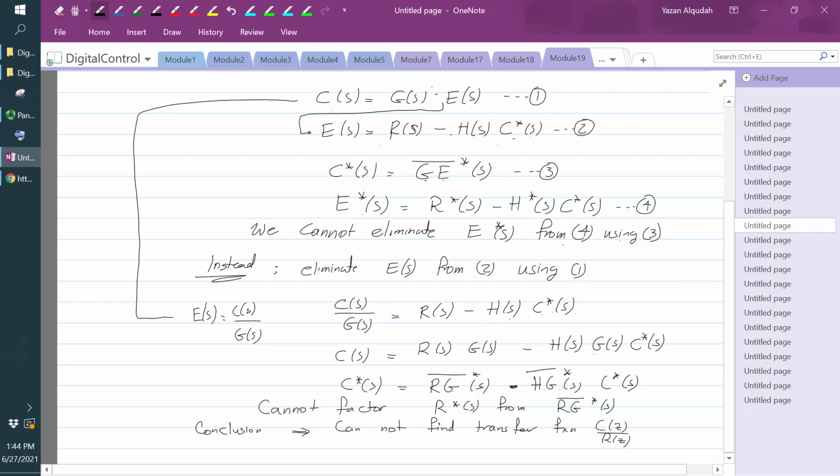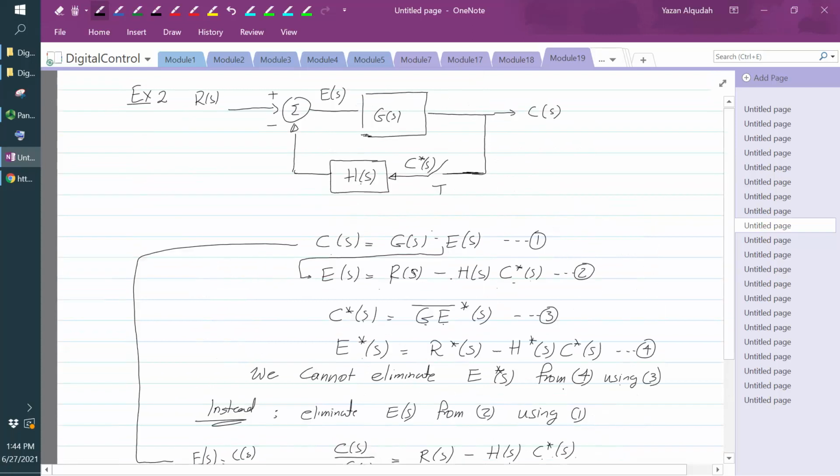But I'm still not able to factor R from this equation. So if you look here, this is multiplied, and then I'm taking the star transform. So therefore, we conclude we cannot factor R star from R multiplied by G over all star, and the conclusion is that we cannot find a transfer function C of Z over R of Z for this configuration.